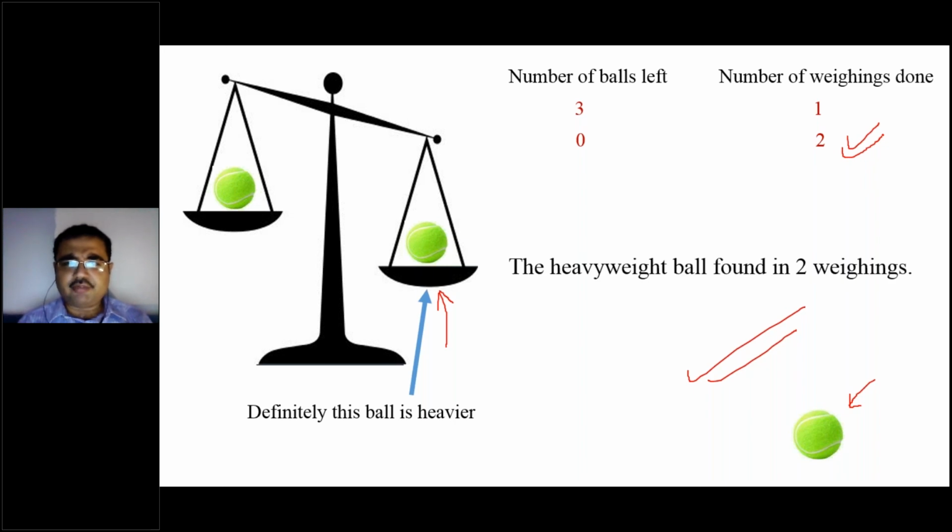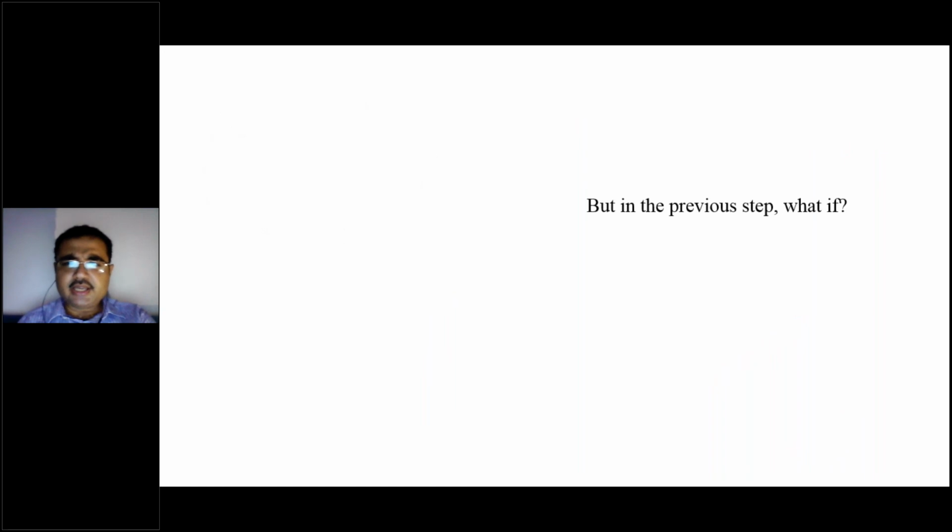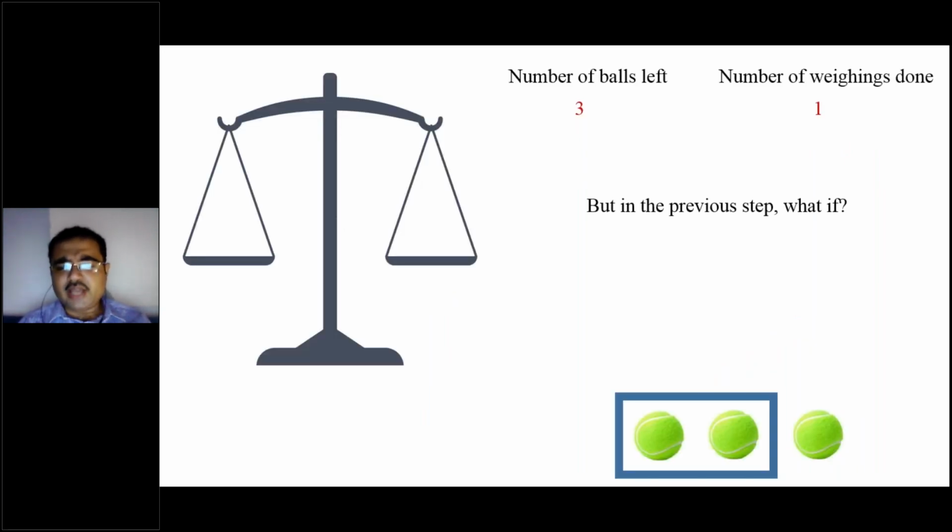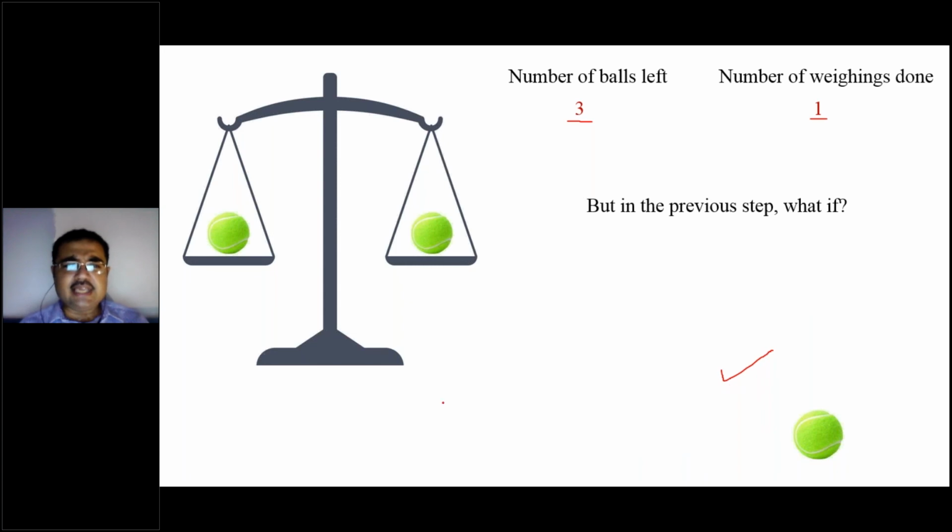What if, in the previous step, when I selected the 2 balls and left out one, you remember we were left with 3 balls and we had done 1 weighing, and we have to detect which ball is heavier. I select these 2 and put them in the weighing machine and see that these 2 measure equal.